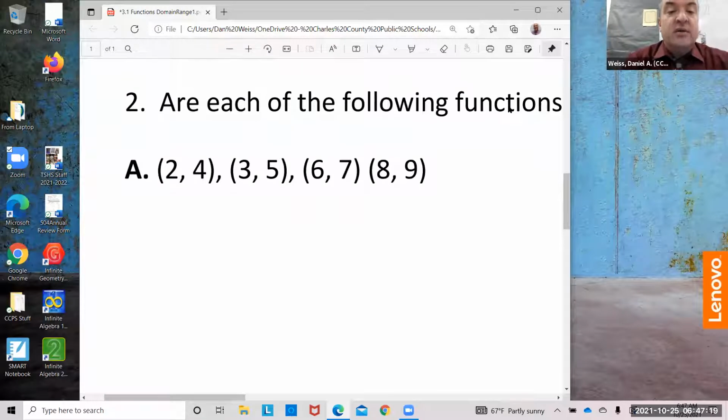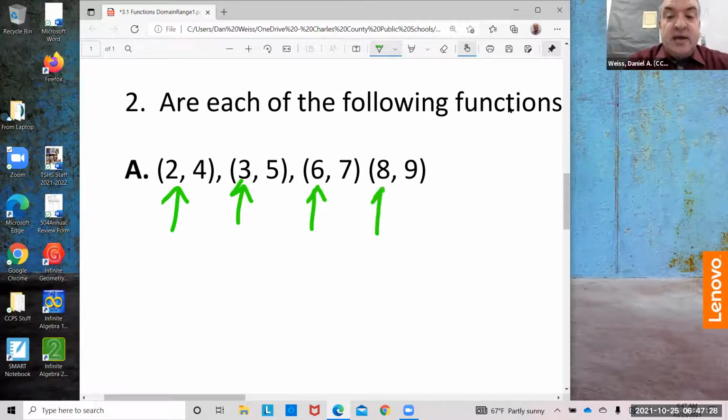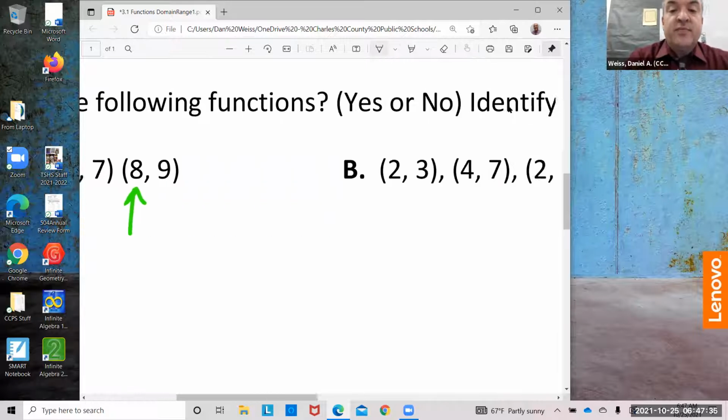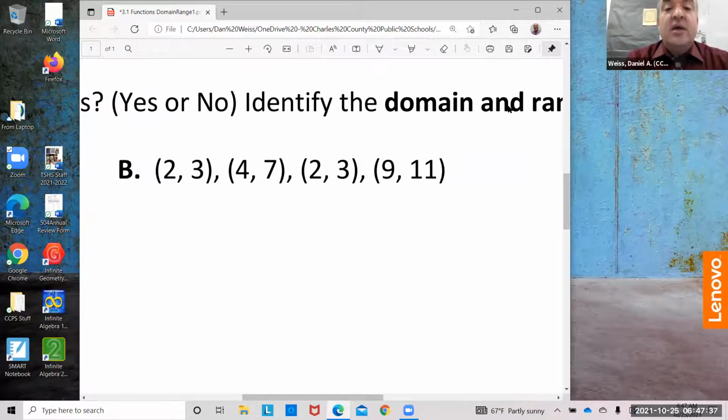Is this a function? Yes. Why? Because you have 2, 3, 6, 8. The x value does not occur more than once. Is this a function? No. Why not? Because you have 2 twice.